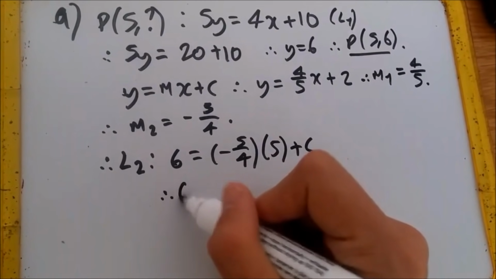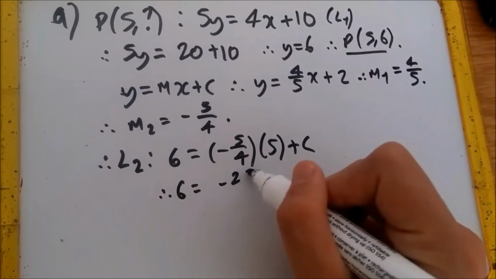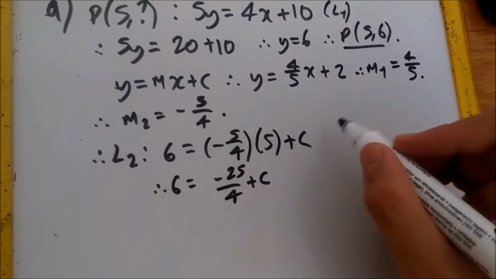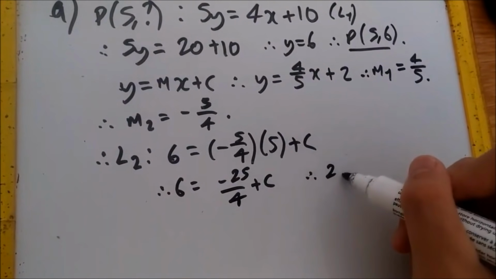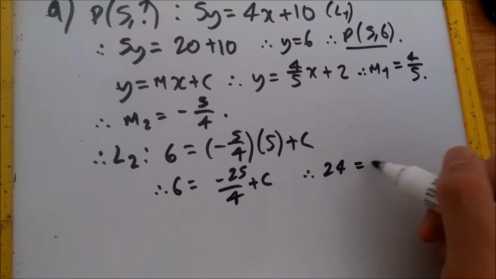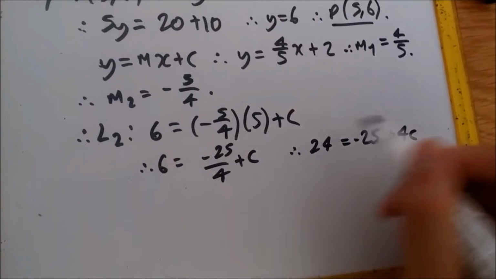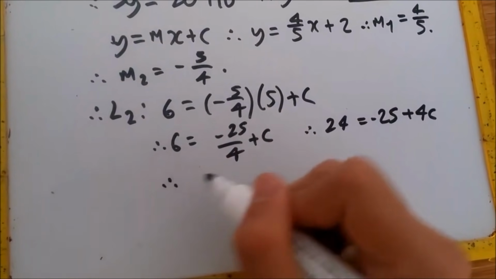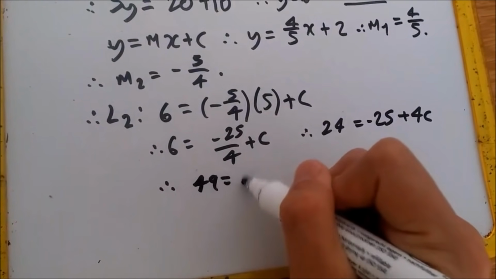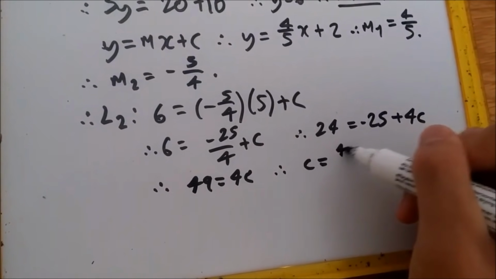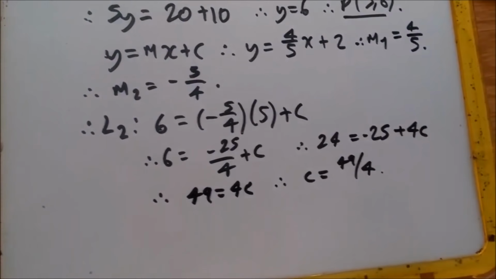So we have 6 equals minus 25 over 4 plus c. Times everything by 4: 24 equals minus 25 plus 4c. Add 25 across: 49 equals 4c, and therefore c equals 49 over 4.